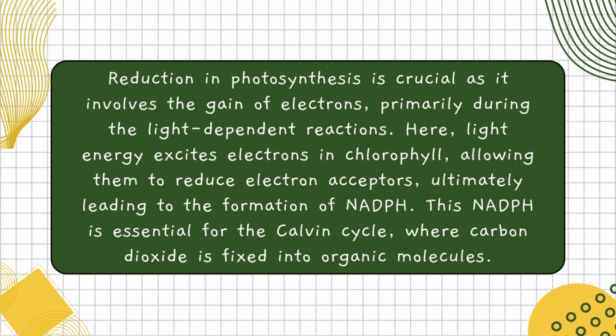This NADPH is essential for the Calvin cycle, where carbon dioxide is fixed into organic molecules. This reaction not only initiates the synthesis of carbohydrates but also serves as the foundation for energy storage in plants.